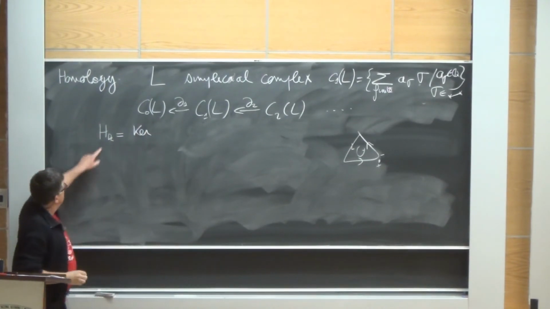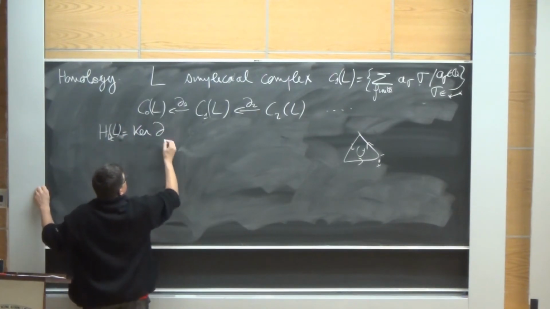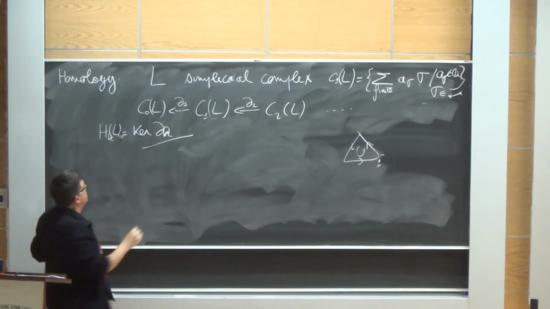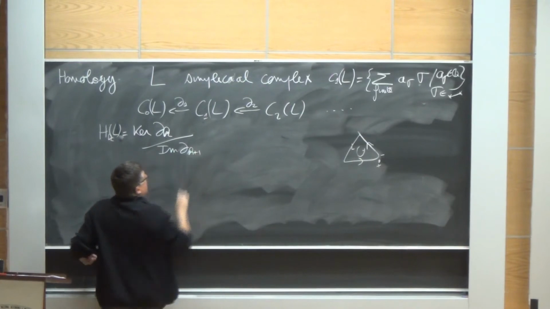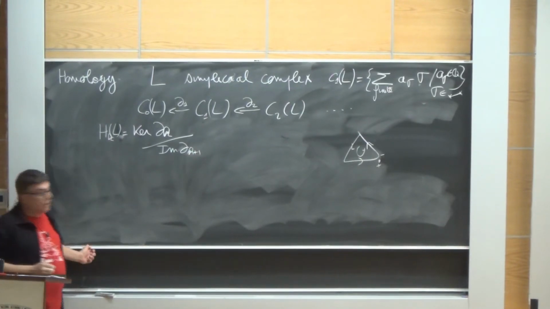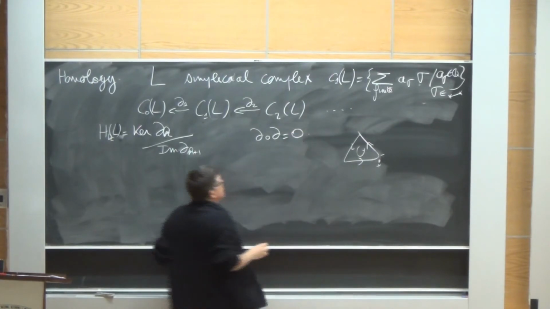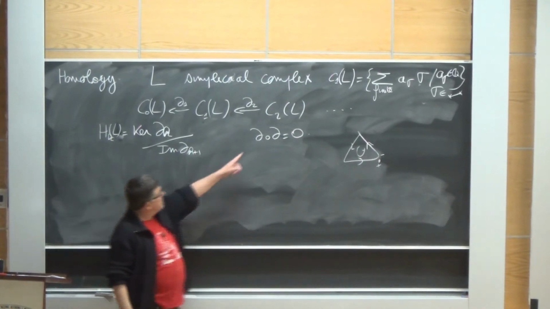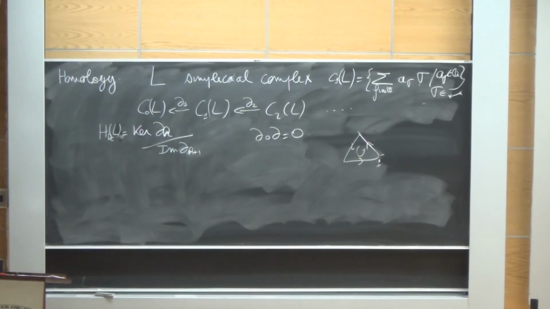And the homology of, say, L is just the kernel of the boundary map dk by the image of the next one. Okay? Since the composition is 0, this means that the image belongs to the kernel.